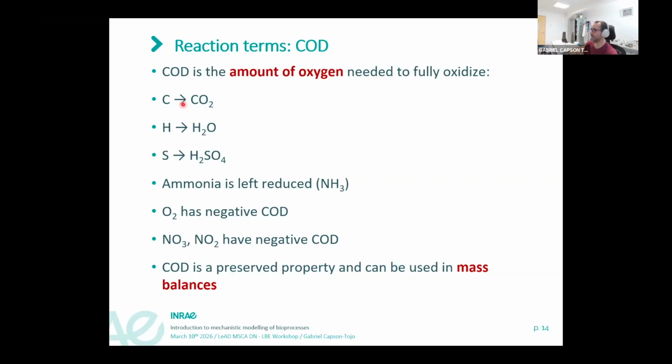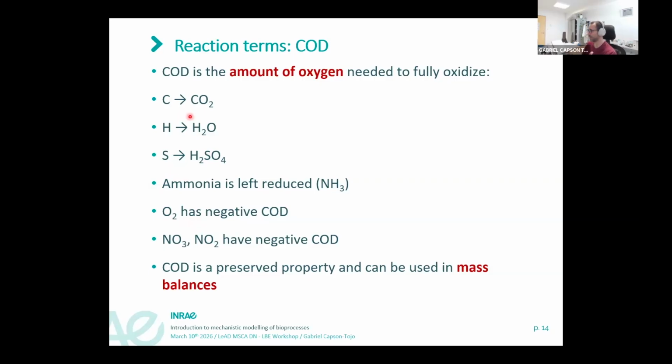What you're assuming is that you are oxidizing everything in your substrate. So all the carbon goes to CO2, hydrogen goes to water, and sulfur goes to sulfate. Because the way we measure it does not oxidize ammonia, by convention, ammonia is left reduced in COD terms. Oxygen has a negative COD because it's the oxidation agent, and again, it has to be preserved.